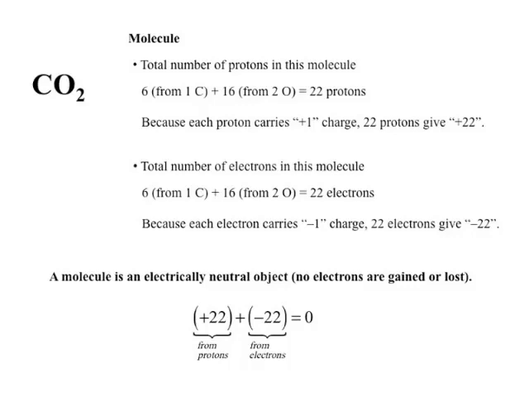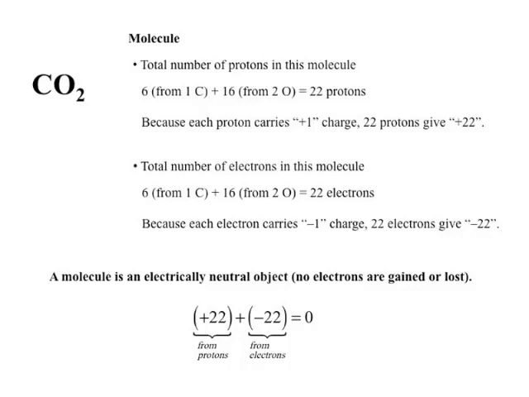So I will explain the idea of polyatomic ions. Let's go back and look at the molecule. For example, CO2. CO2 is called carbon dioxide. It is a molecule. How many protons are in this molecule?